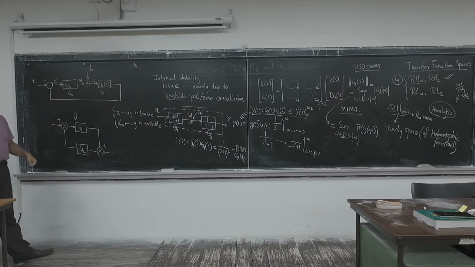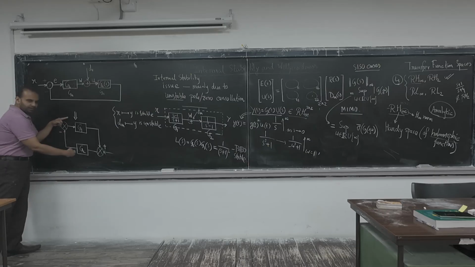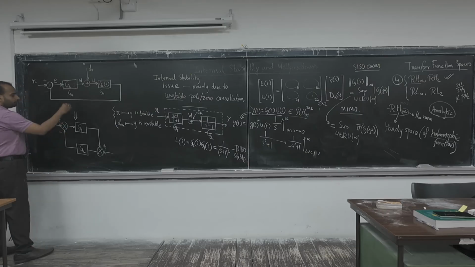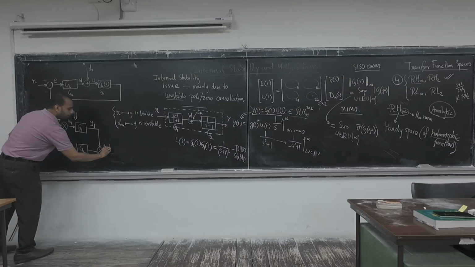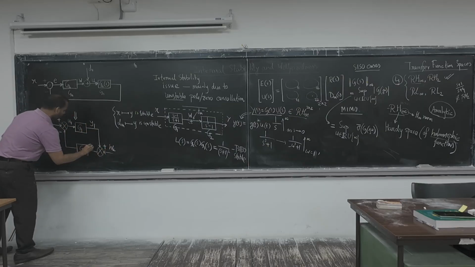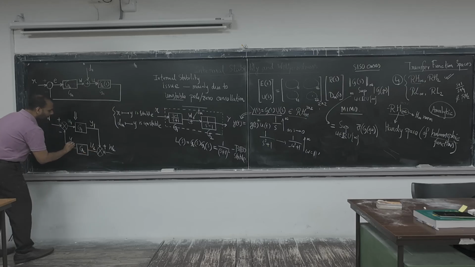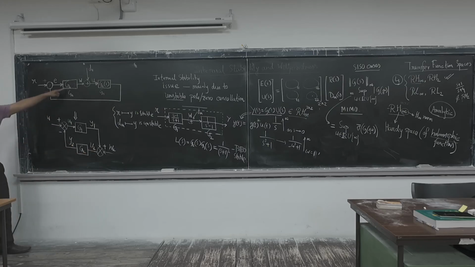Here also I can do the same, but the only reason I chose this one to be 1 and 2 is that after that I am going to write the input and output notations: W1, this is U1, Y1, this is my W2, this is U2 and Y2. That is the reason why I consider this as 1 and the other as 2.